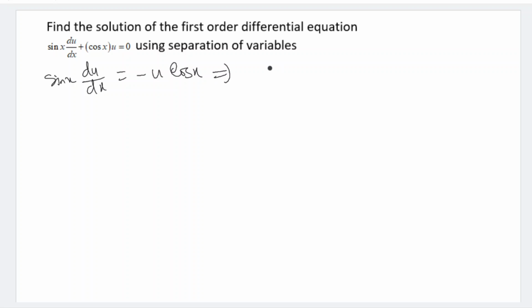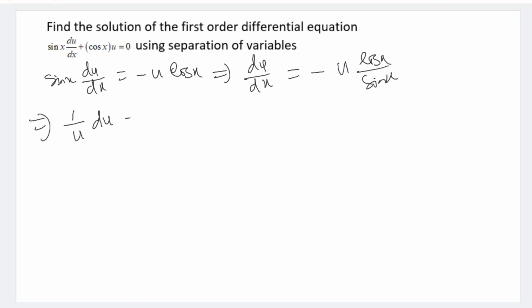Now we can write du/dx equals minus u cos x by sin x. Now we can separate the function of x on one side, the function of u on the other side. That means we can write 1 by u du equals minus cos x by sin x dx.